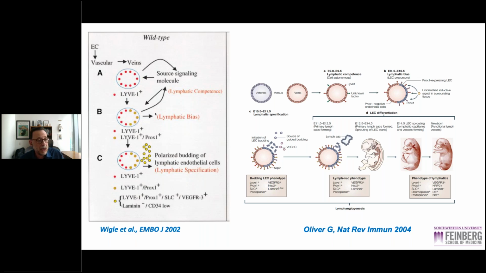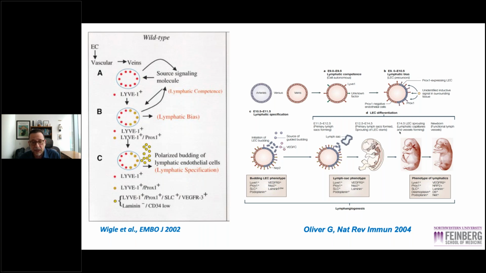Then Prox1 starts expressing also VEGFR3, Prox1 in one side of the vein. We saw that the initial progenitors divide, and then the cells start to bud off. So all we knew was VEGFR3, Prox1, and LYVE1. Two years later, we made this a little bit more sophisticated, and in this schema we said that around E9 to 10.5, Prox1 expression marks the presence of lymphatic progenitors. And in Carey's lab in 2003, they showed that VEGF-C, the ligand for VEGFR3, was indispensable for the formation of lymphatics.